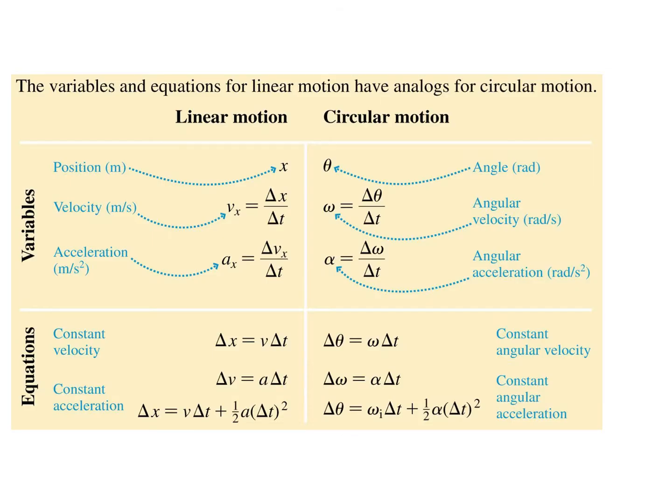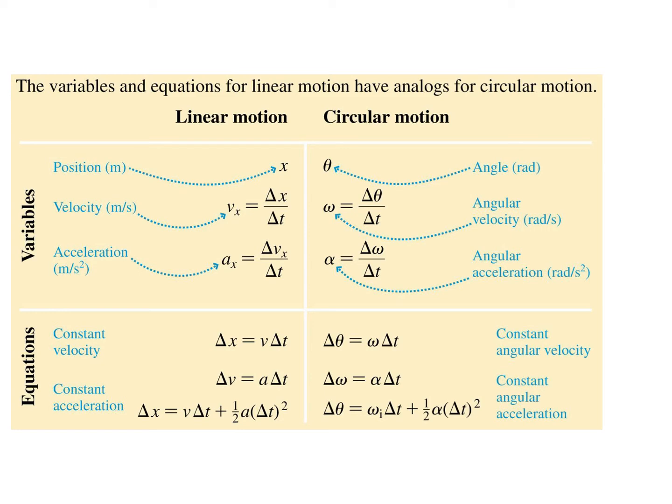Because, again, math cares about the forms of symbols and not what they mean, the fact that we've defined the angular velocity and the angular acceleration exactly analogously to the linear velocity and linear acceleration means that the equations of motion will exactly map over. We could just replace the linear variables with their equivalent angular variables and get a true statement.